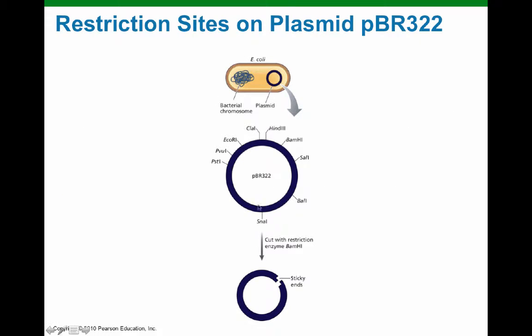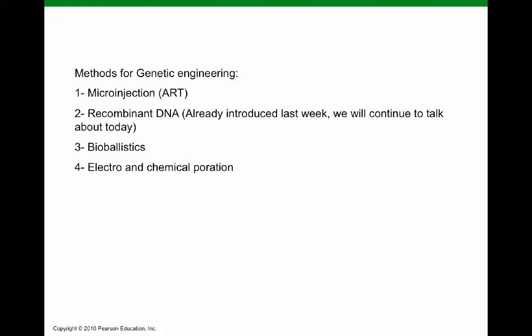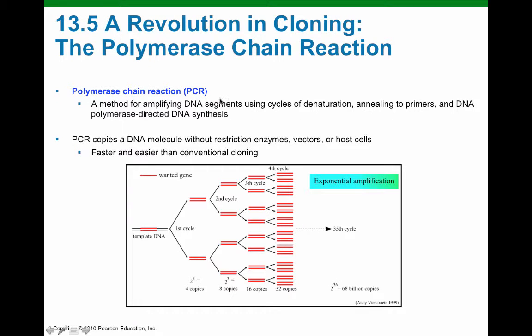So how do we actually amplify or produce that insulin gene so that we can insert it into the plasmid? So we would do it via this process called PCR. So PCR stands for polymerase chain reaction. This is a method for amplifying DNA using specific cycles of denaturation, annealing, and DNA polymerase-directed DNA synthesis.